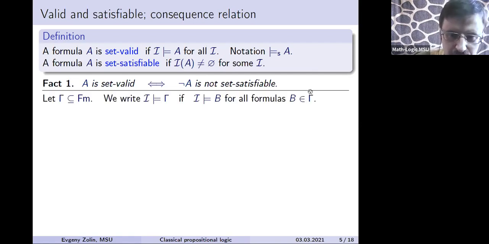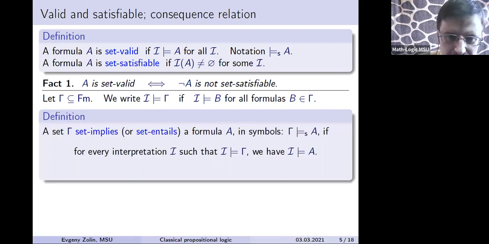Okay, like in the usual semantics, let us extend our notions to sets of formulas. Here we had notions for formulas, now for sets of formulas. If gamma is a set of formulas, we say that it is true under I if all formulas are true in this interpretation I, like in the usual semantics. And this notion is again like in the usual semantics.